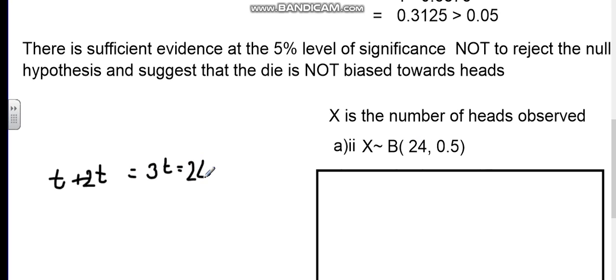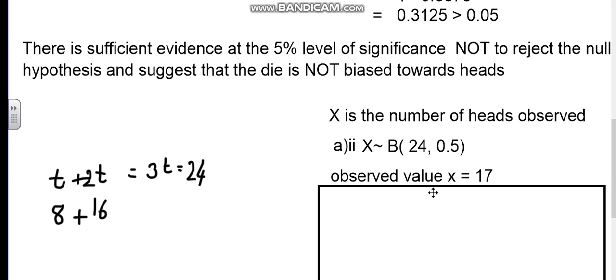So if 3T is 24, T is 8, and 2T is 16. So if the number of heads was exactly twice the number of tails, it would be 16 and 8, but we're told that there was more than twice, so our observed value has to be 17 as the lowest possible answer to that, and that's the one we're going to use. So observed value is going to be 17.